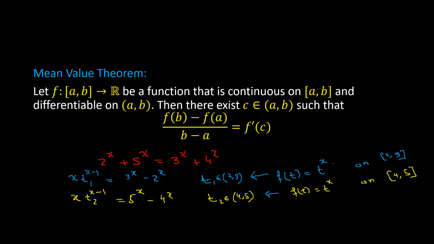So what did we have? We have these equations, and from this you see that if you take 2 raised to power x to the other side and 4 raised to power x, it says that 3 raised to power x minus 2 raised to power x is equal to 5 raised to power x minus 4 raised to power x.